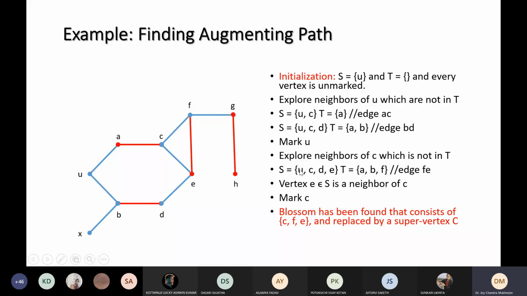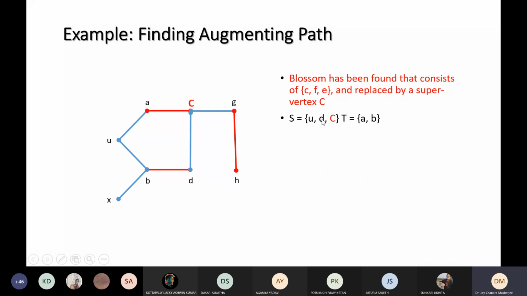So it will be U, D and capital C. Capital C stands for the super vertex, and from here F is removed. So basically what I am trying to say is, from C when I go to E, it is in S. So I found that it is an odd cycle. So odd cycle में जितने भी vertex हैं, they should be removed from S and T. So C, E and F will be removed. Along with that, these three vertices are replaced by the super vertex capital C that should be introduced into S.